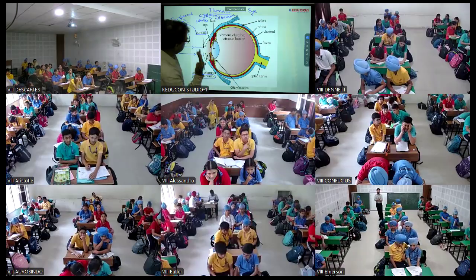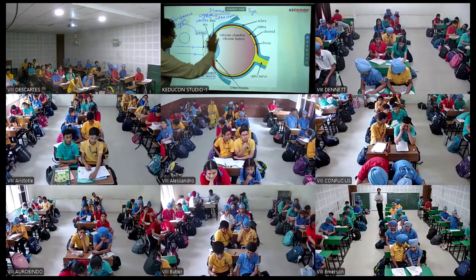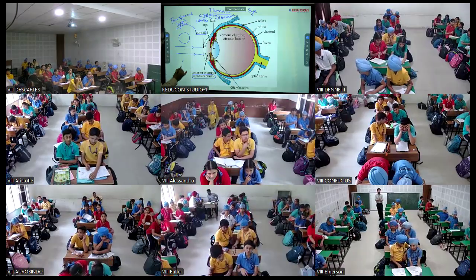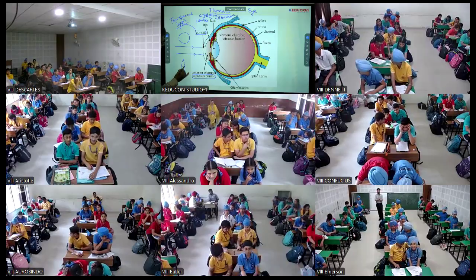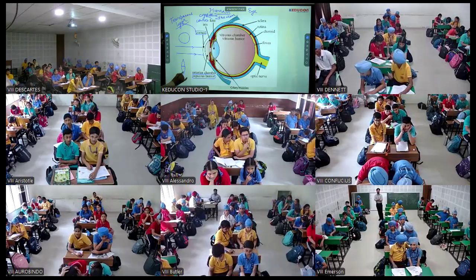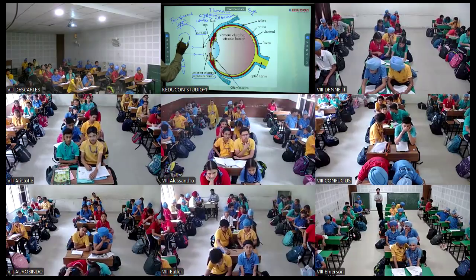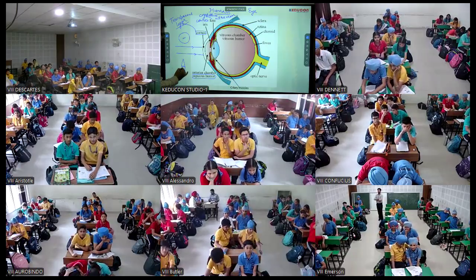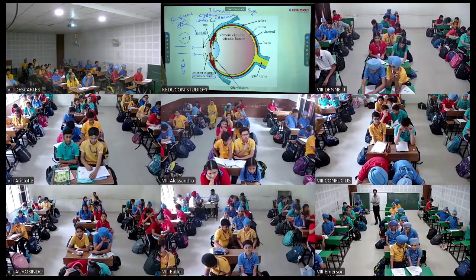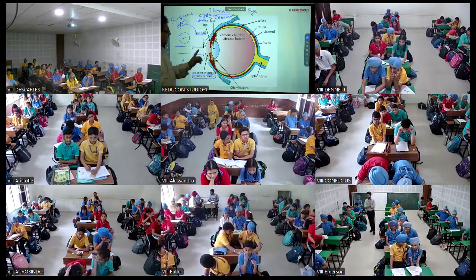But from the side view of the eye, it will appear thicker at the center and thinner at the edges. That is why it is called a convex lens.